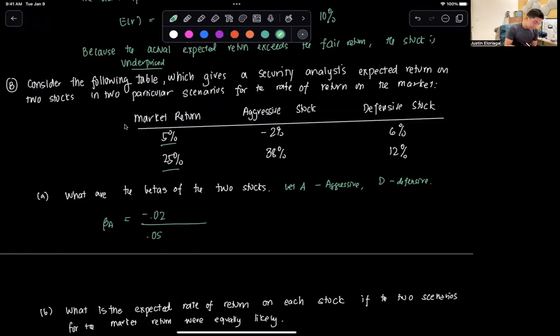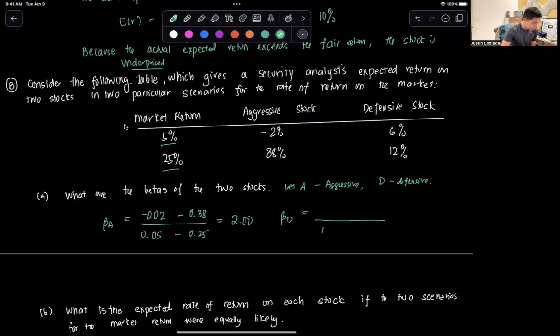And in the second state of the world, that's at 25%, so that's 0.25, we have a return of 38% or 0.38. And computing this, we get 2.00. So that's beta A.